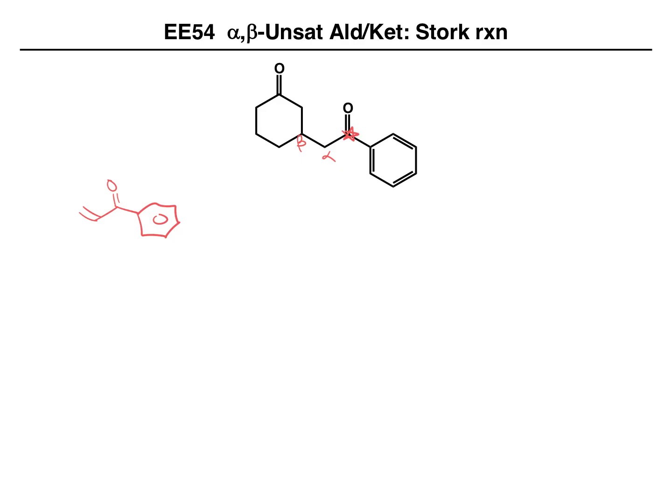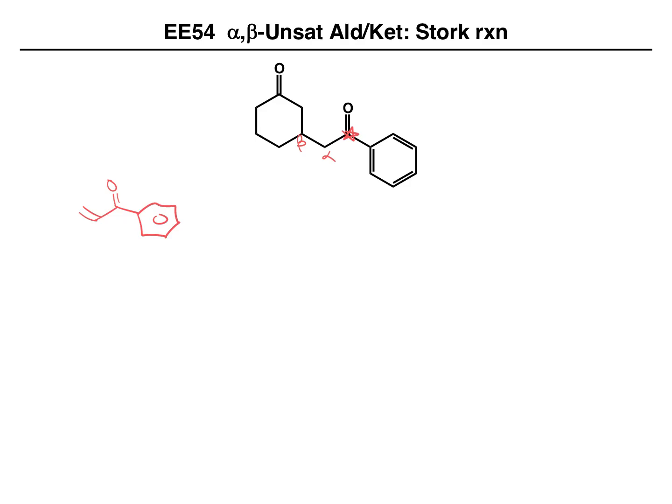But then that would mean that, oh, wait a minute, the beta position is actually part of the ring, right? It's not adjacent to the ring, it's part of the ring. So we would have to actually make two bonds to this. So that doesn't look that good. So that might not work.